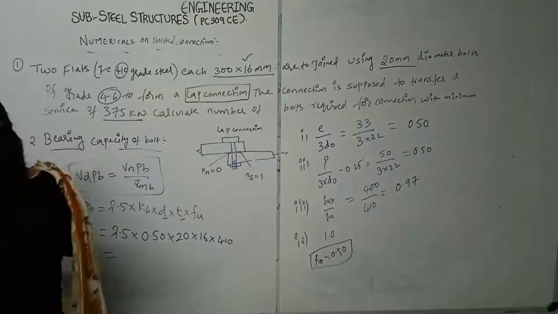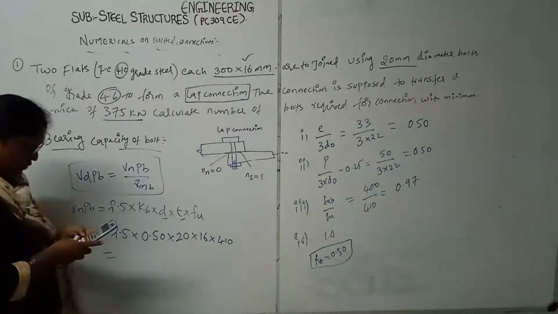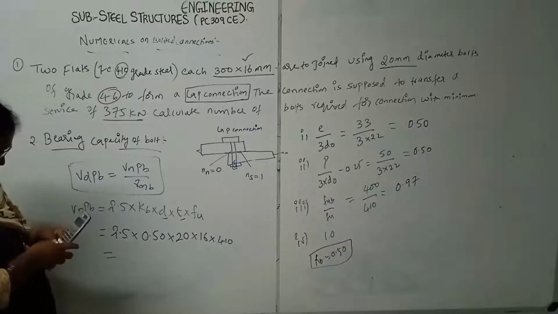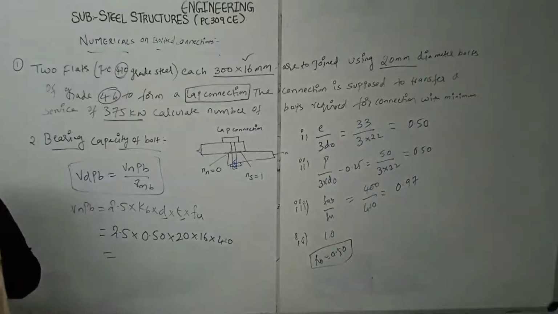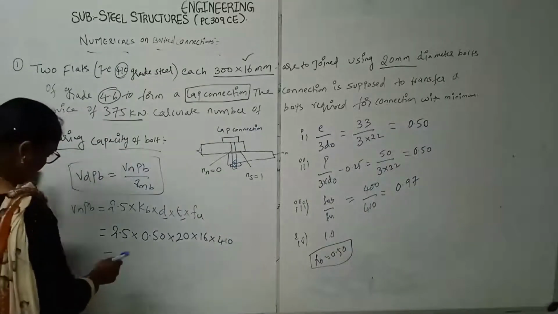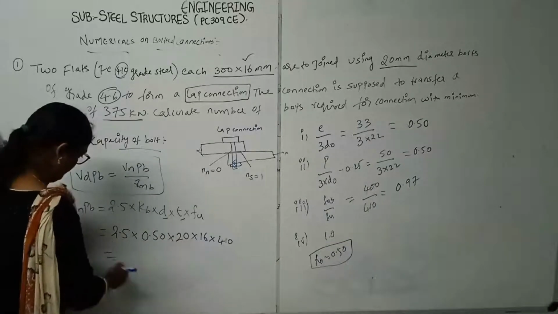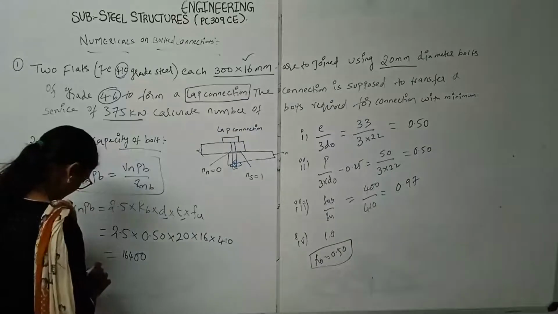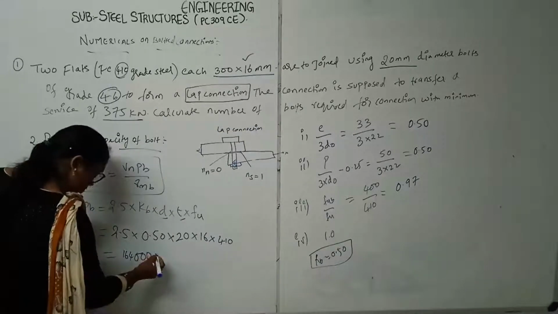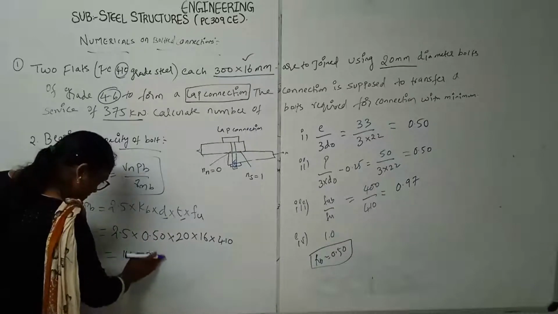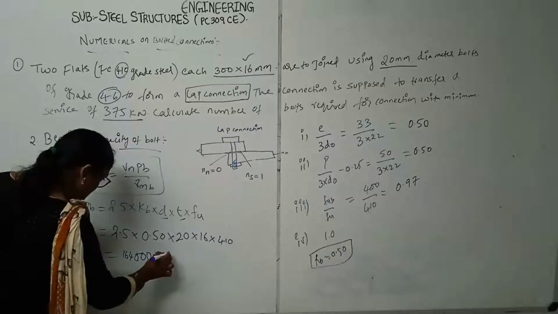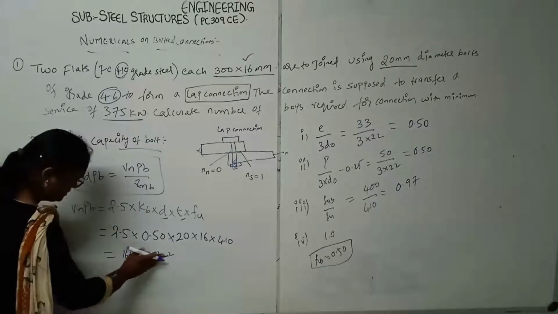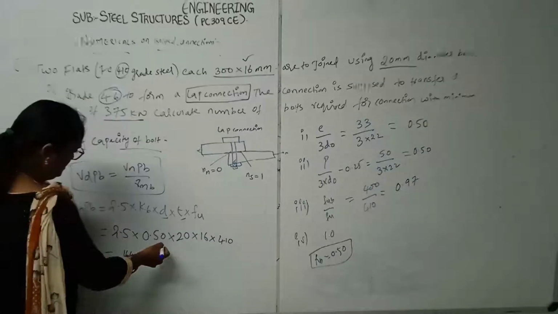So how much will it give? 2.5 into 0.50 into 20 into 16, in Newton per mm square and mm.